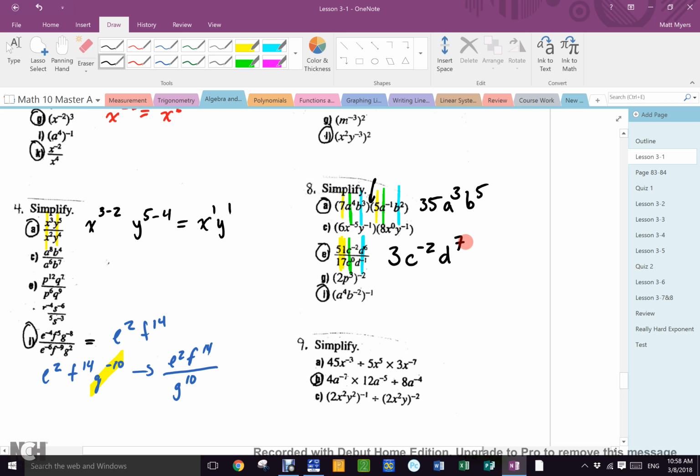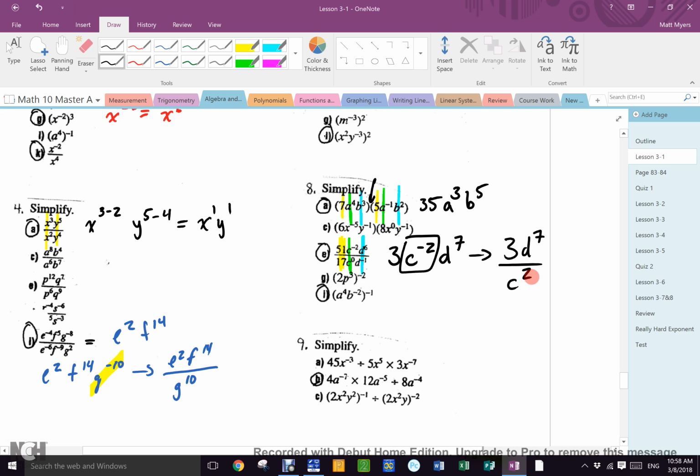D to the 7th. Now, I look at my final answer. Is any of that not allowed? Which one? This. So that has to move. 3 is okay. D to the 7th is okay. But the C's got to move to the denominator.